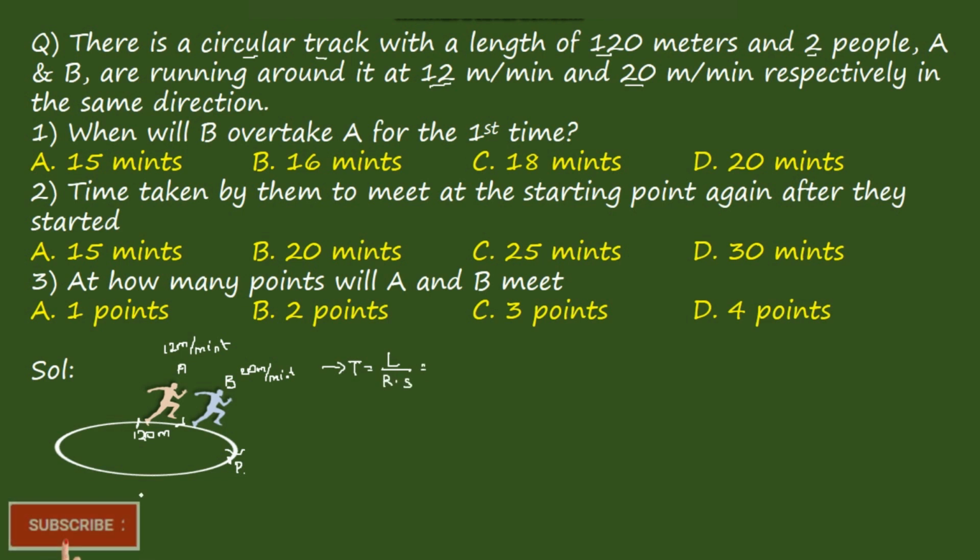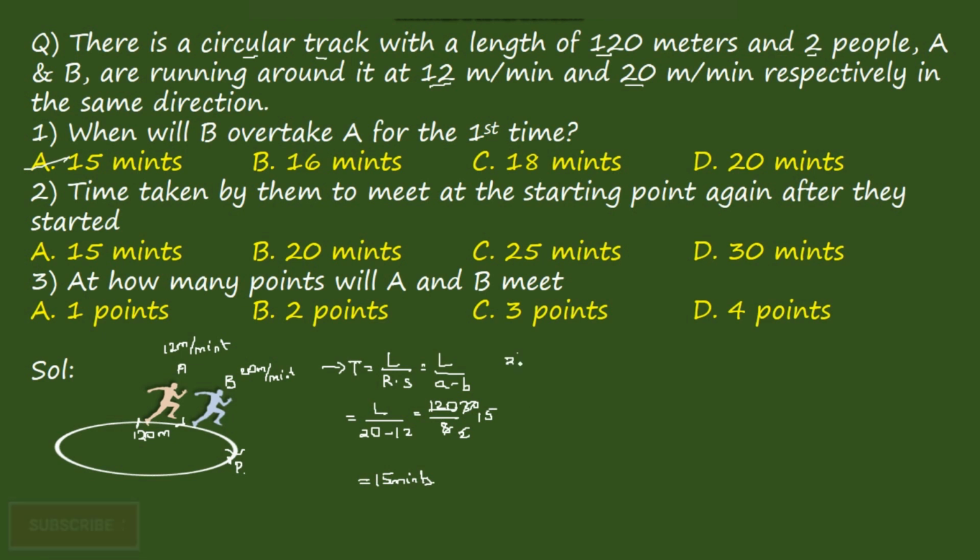Both are moving in the same direction, so it becomes L by (A minus B), which is L by (20 minus 12), positive. The length is 120, so 120 by 8, which is 15 minutes. So the first time they meet is at 15 minutes.